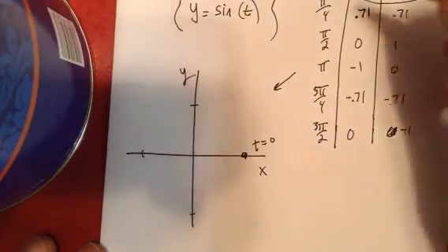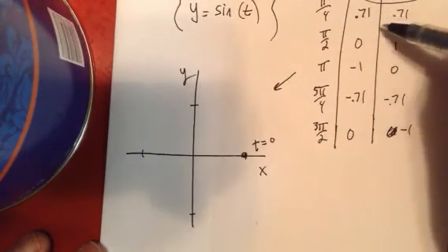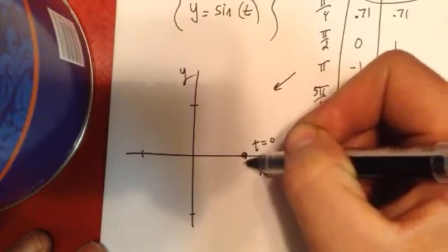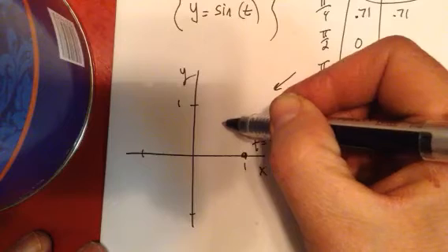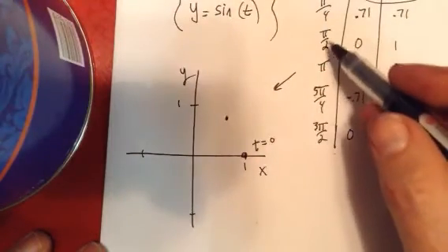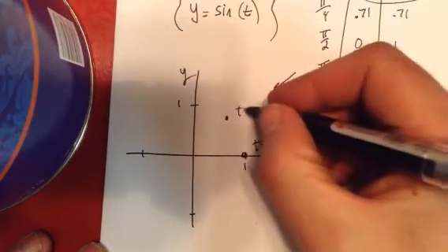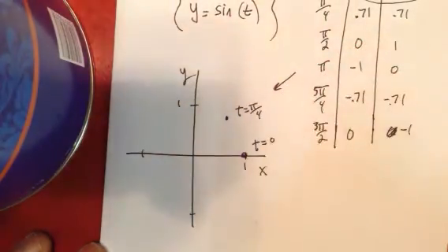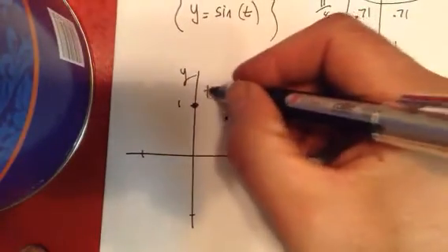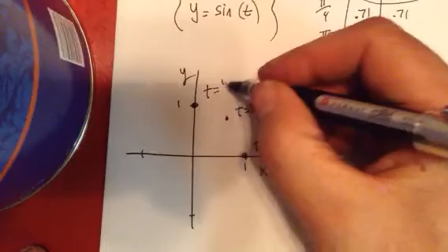T, as you may guess, might represent time. 0.71, 0.71, I'm going to estimate that. This is 1, so 0.71, 0.71. Maybe 0.71 right there. That's at t equals pi fourths. 0, 1. T equals pi halves.